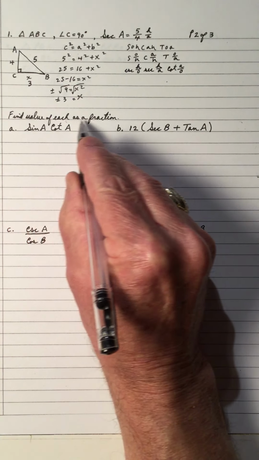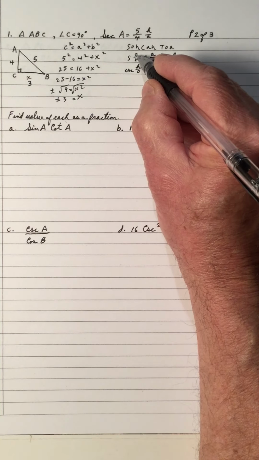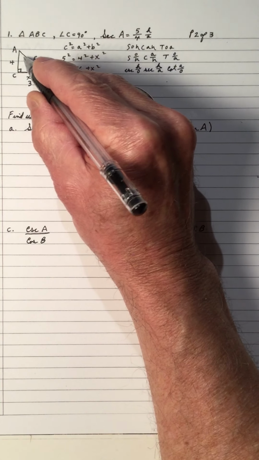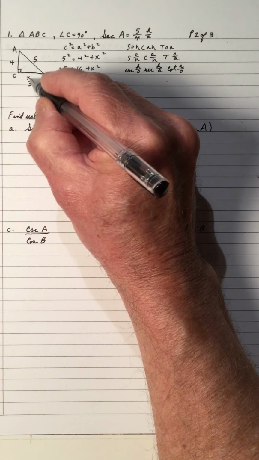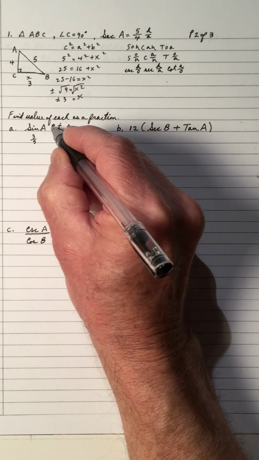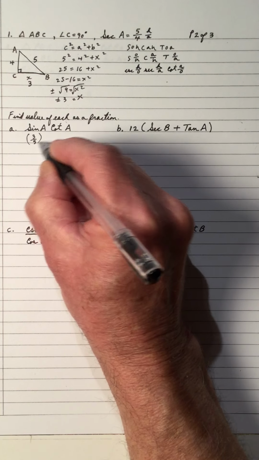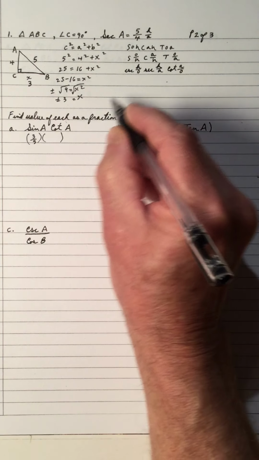So find the value of each as a fraction. The sine is opposite over hypotenuse in terms of A. Sine is opposite, 3, over hypotenuse, 5. And this means a multiplication, so I can put a multiplication sign here, or I could put brackets, either or.